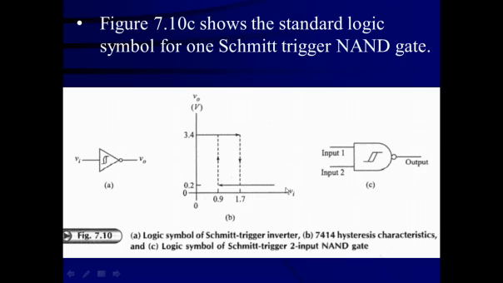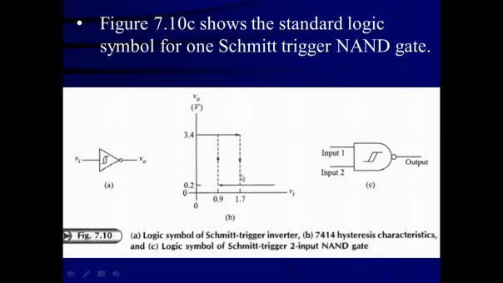Now you decrease the input voltage, and even when you decrease it to 0.9 volt, the output remains low. Just when you decrease slightly below 0.9 volt, the output again switches back to the high state. So this characteristic is the complement of the previous characteristic because this contains an inverter.